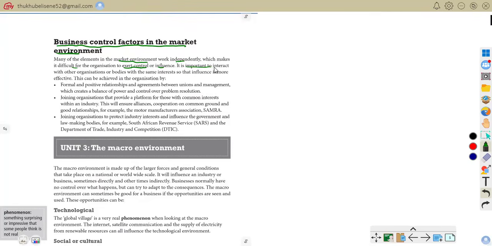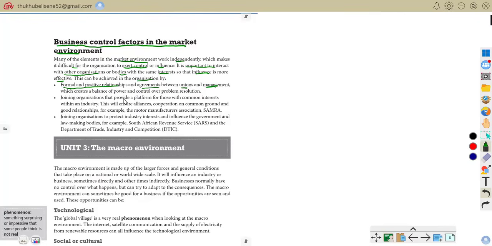So it is important to interact with other organizational bodies with the same interest so that influence is more effective. This can be achieved by formal positive relationships and agreements between unions and management. So there should be a very good relationship between the unions as well as the management.